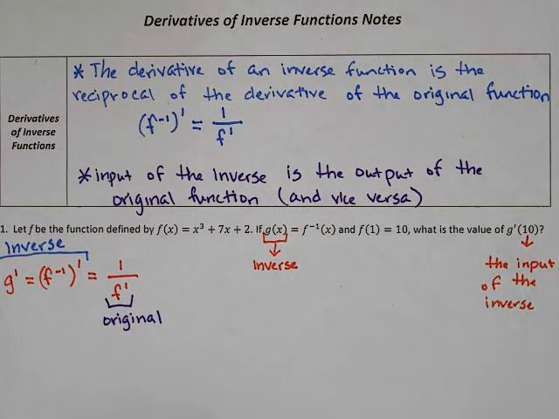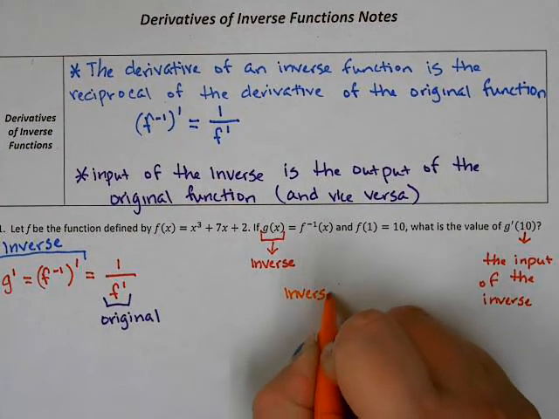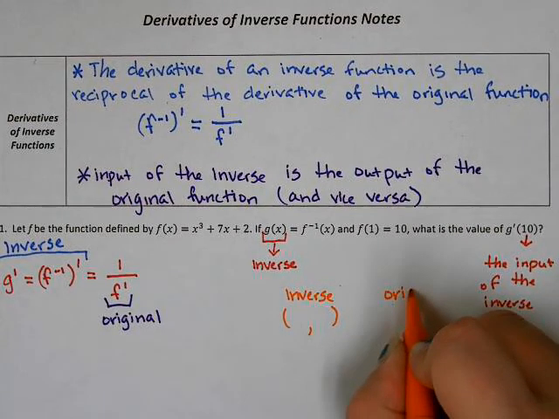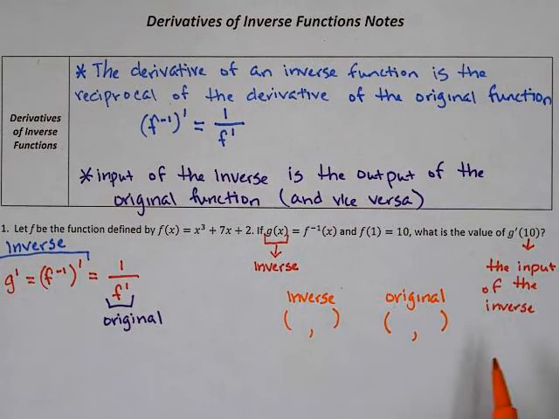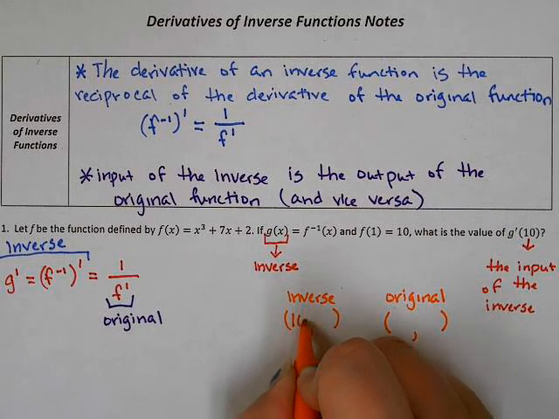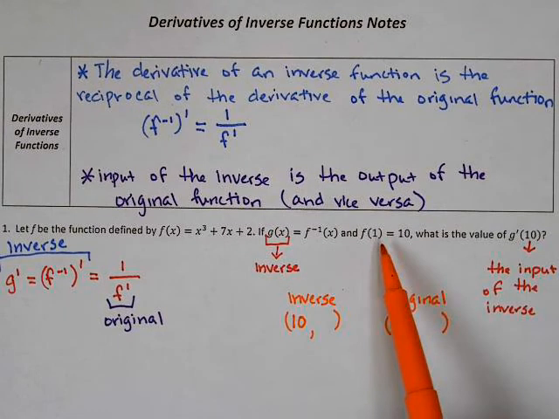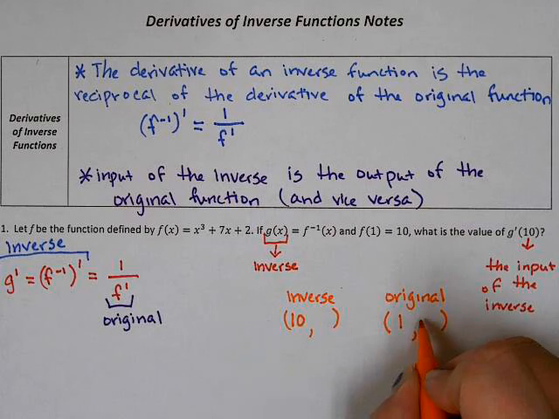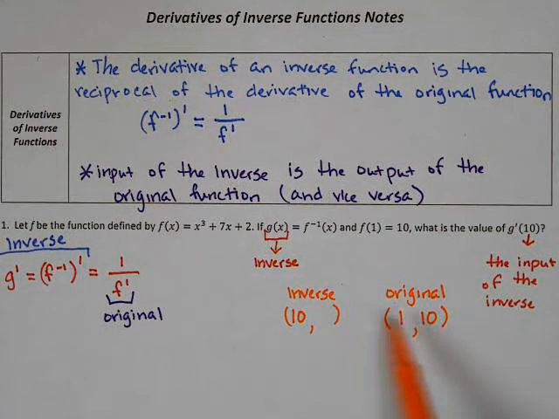I'm going to write a coordinate point for the inverse, and I'm going to write a coordinate point for the original. I know that this 10 is the input for my inverse, so that's going to be right there. And then I know that my original point, I was given f of 1 equals 10, so my original input is 1, and my output is 10. So I always have these two coordinate points like this.